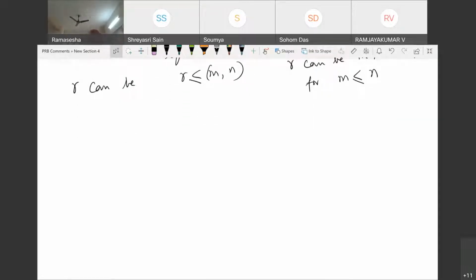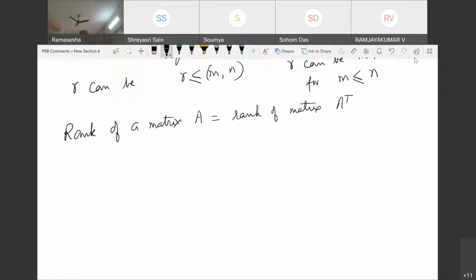Now, another important result is that the rank of matrix A is equal to the rank of matrix A transpose. The reason is simple.